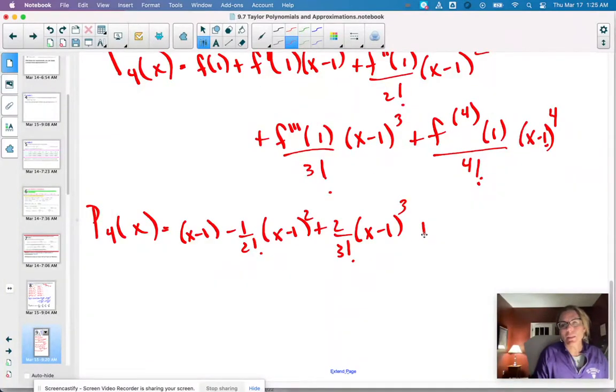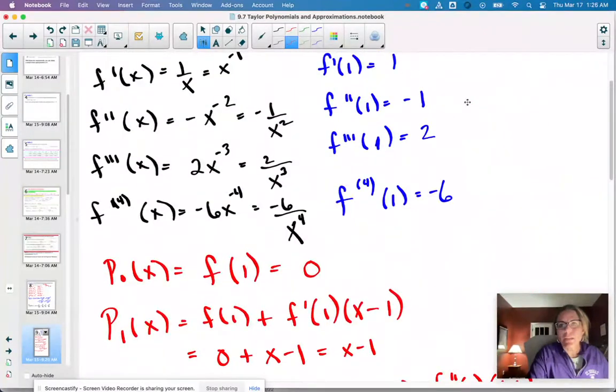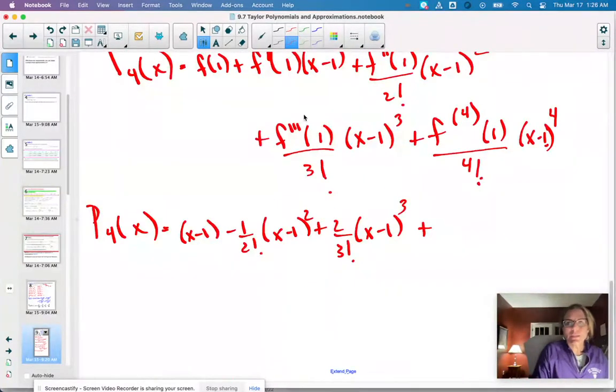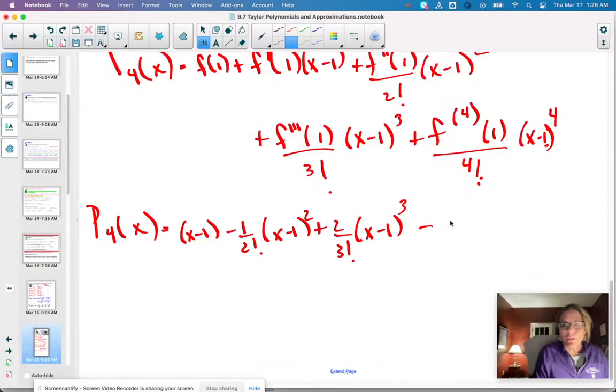And now I'm adding on the final term of that polynomial, which is negative 6. So we don't need a plus because it's going to be a minus. So we have negative 6 over 4 factorial x minus 1 to the 4th.